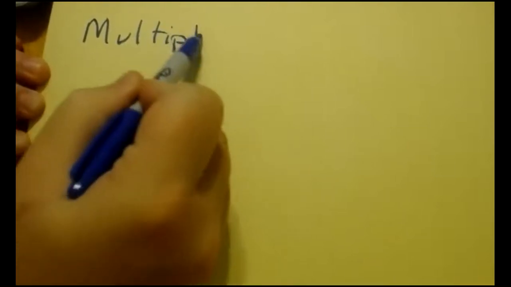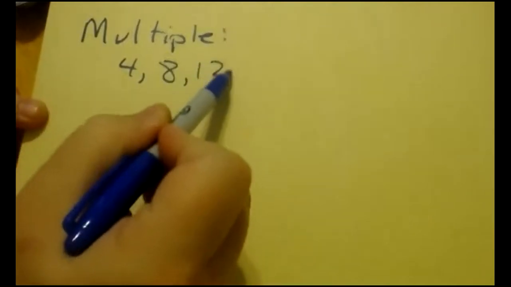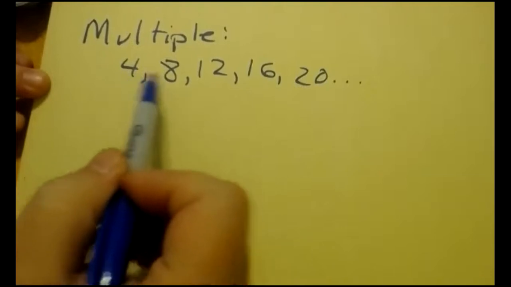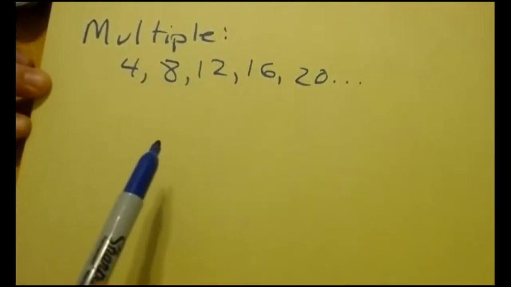Well, for example, if the number we're thinking about is the number 4, the multiples will be 4, 8, 12, 16, 20, and so on. Multiples means the numbers carrying on from 4 in a counting way with the times tables.